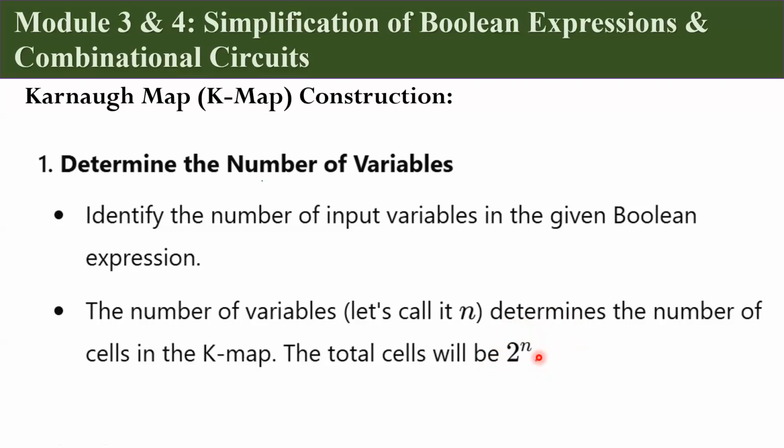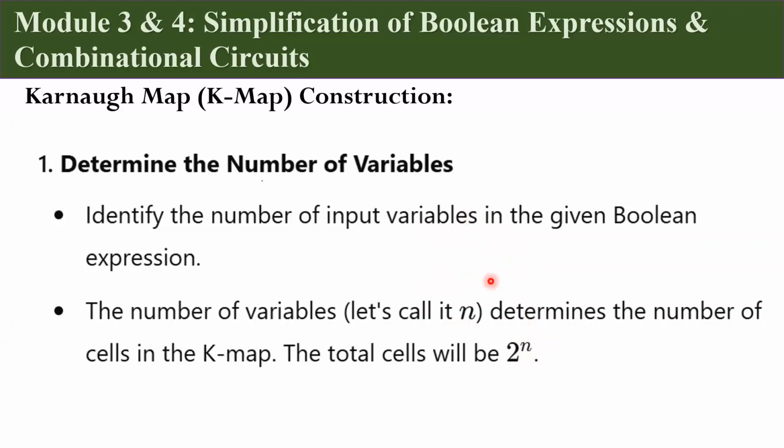For instance, if I'm dealing with a 2-input case study, okay? So my K-map that I want to construct will be 2 raised to power 2. And by implication, that will give me 4. 2 raised to power 2 is 2 times 2, and it's giving me 4. So meaning for a 2-input K-map, I will have 4 cells, okay?